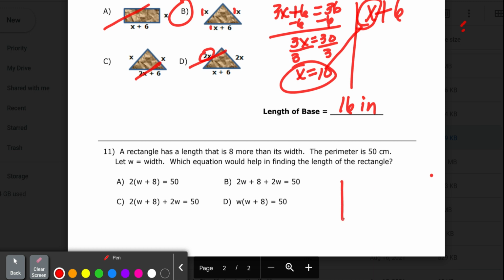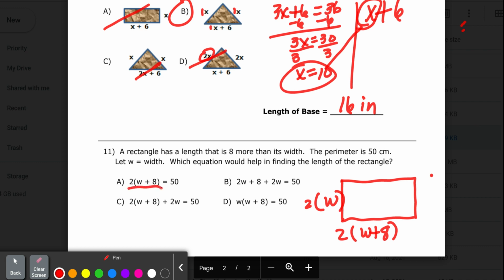I'm going to use this area right here just to draw it out. So the rectangle has a length that is 8 more than its width. So that would be W plus 8. And then this would be W. So there's 2 widths. So 2 of these, and there's 2 of those.